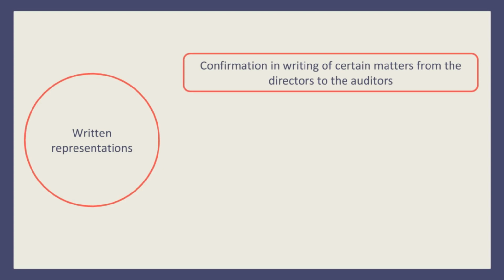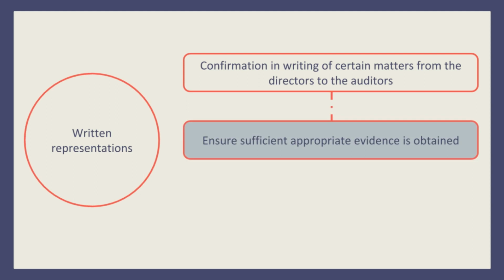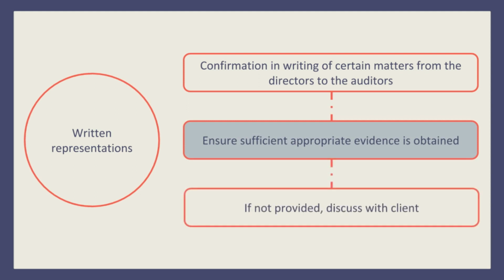Certain matters must be confirmed in writing by the management to ensure the auditor has sufficient appropriate evidence on the financial statements overall. If the management will not provide written representations, again, discussions must be made with the directors. Without written representations, there will be a lack of sufficient appropriate evidence, which would have an impact on the audit opinion.